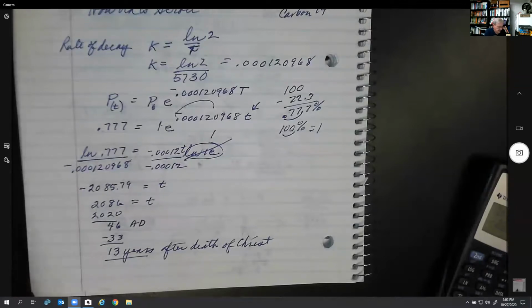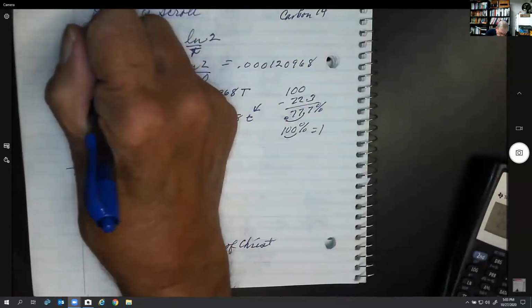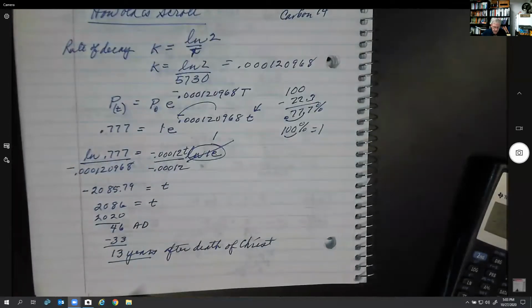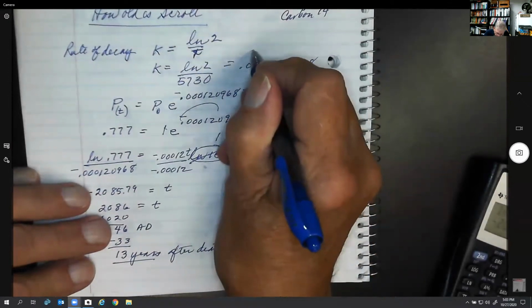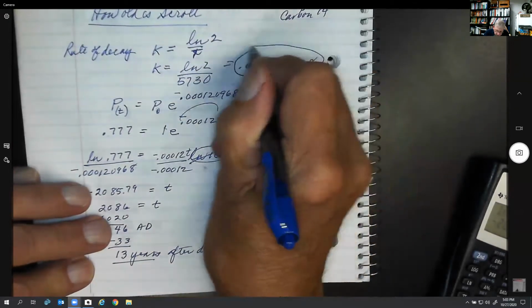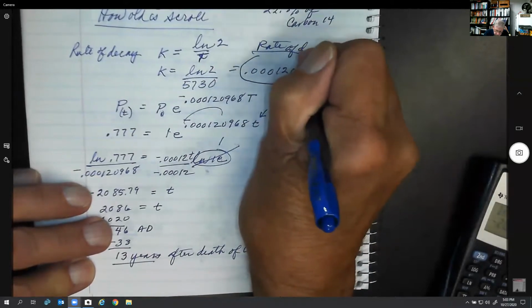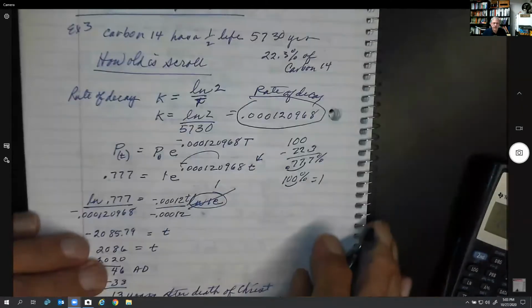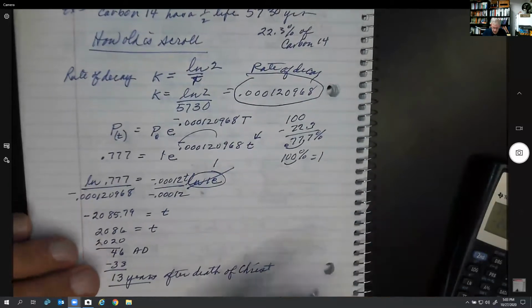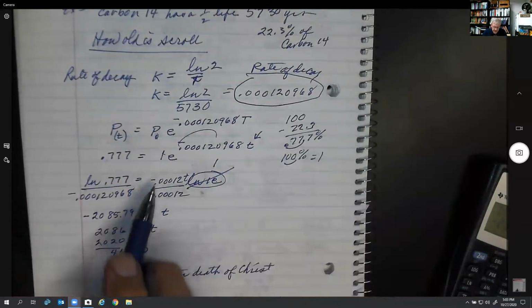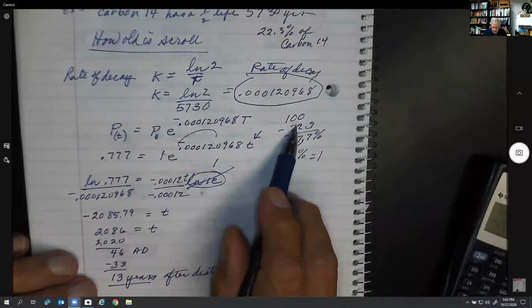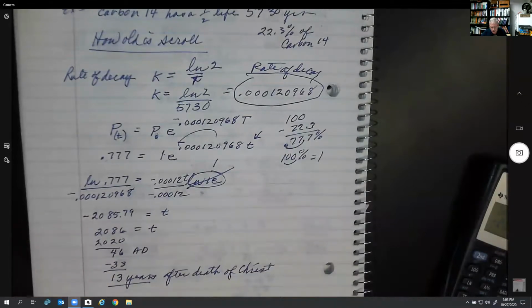If you want to really get confused, you can try this example 6, but that's kind of how we do this. To figure out how old this scroll is, the first thing we had to do is find out what the rate of decay is. And that's what we found here. Once we found that rate of decay, we put it in. It was a little confusing with this 22.3.